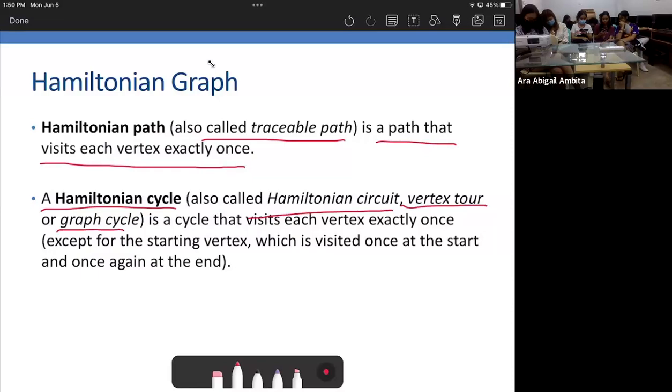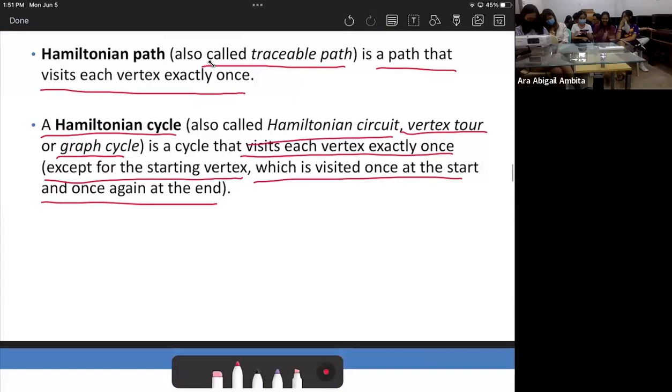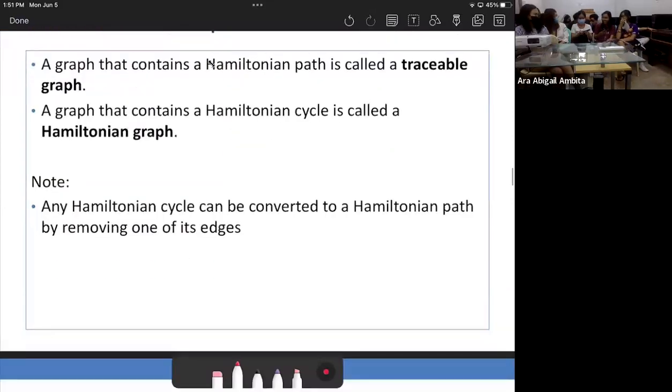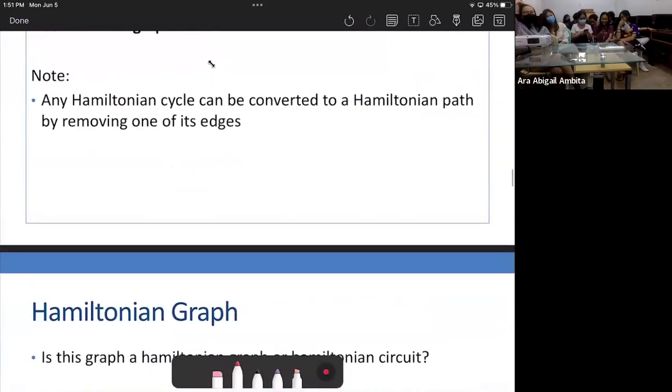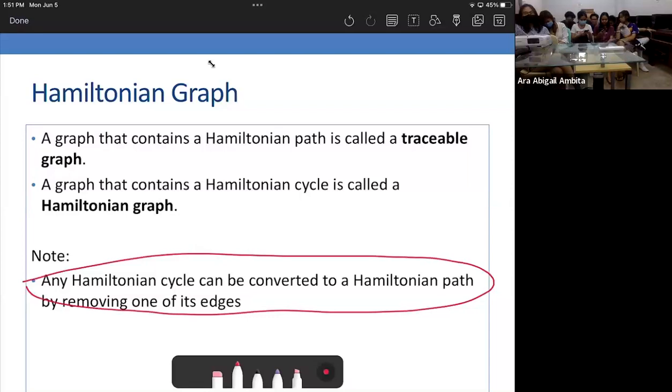It visits each vertex exactly once except for the starting vertex, which is visited once at the start and once again at the end. Okay. So let's have an example. Any Hamiltonian cycle can be converted into a Hamiltonian path by just removing one of its edges.